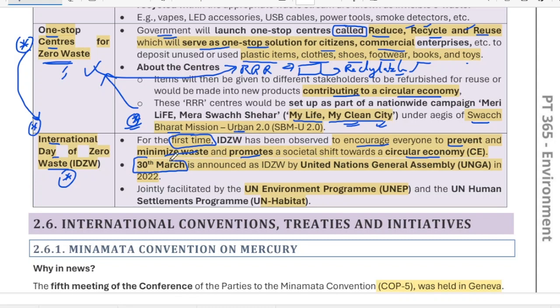The date is 30th March. 30th March has been announced as the International Day of Zero Waste, and who has organized it? The United Nations General Assembly has declared this. It is generally facilitated by UNEP and UN Habitat. You must remember this. It is the first time in the whole world, so that's why this day becomes important as a current event for the current year.